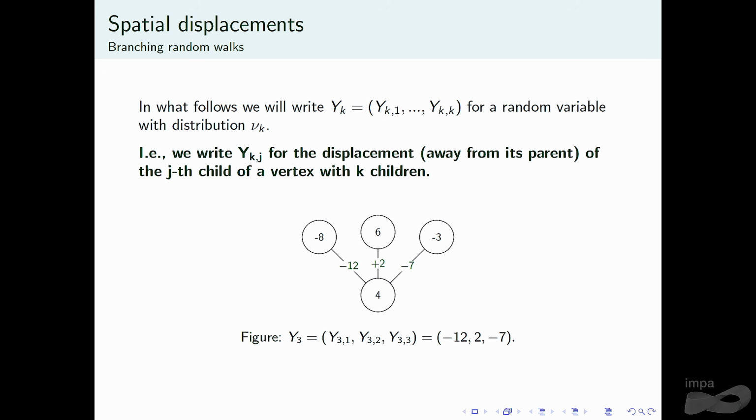In what follows, we'll use Y_k to denote a random variable with distribution μ_k. The elements are just going to be Y_k^1 up through Y_k^k. This means the j-th child of a vertex with k children has displacement Y_k^j.